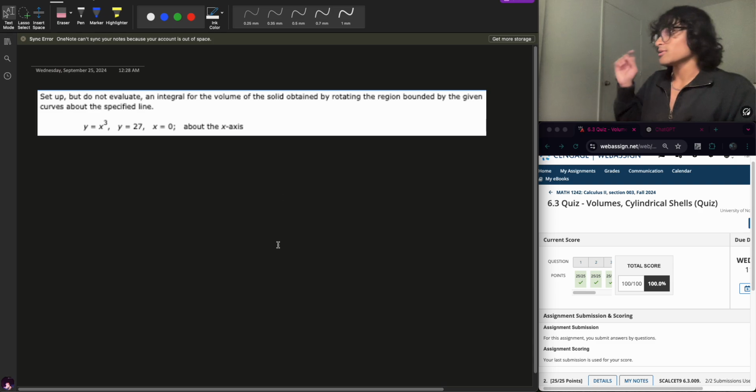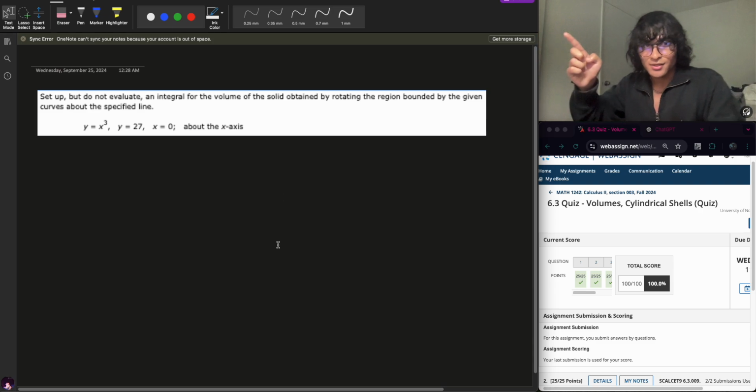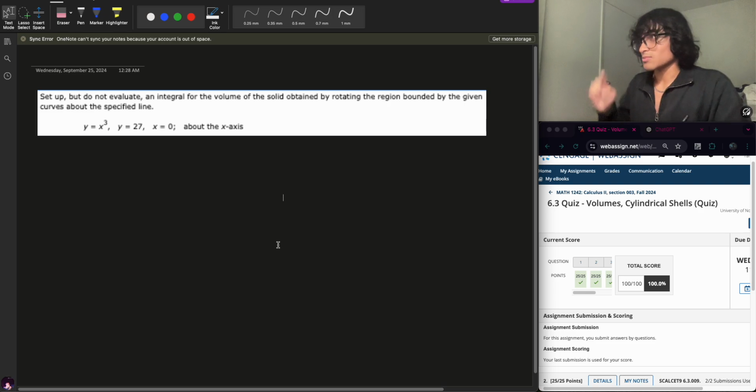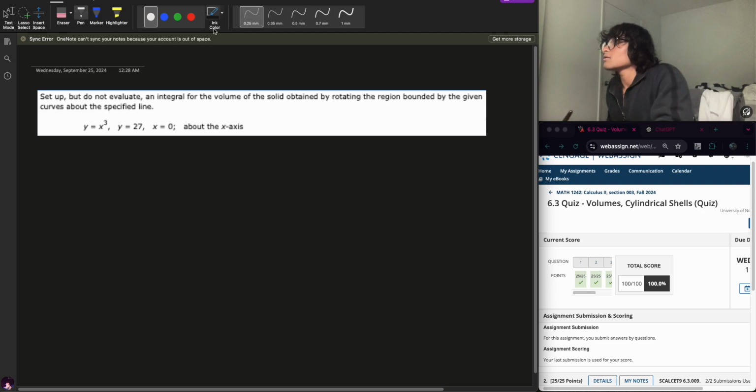This time, you see that? We're rotating it about the x-axis, and that means we have to put it in terms of dy. So we have to turn these y functions into f of y functions, so we have to make these equal to x.